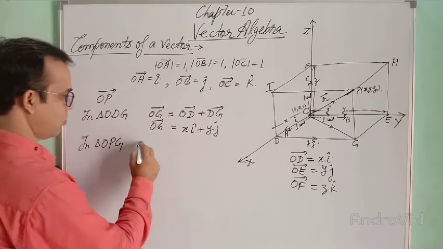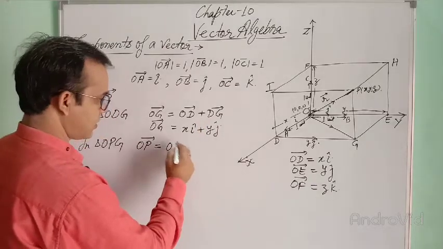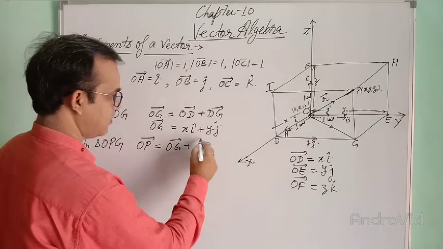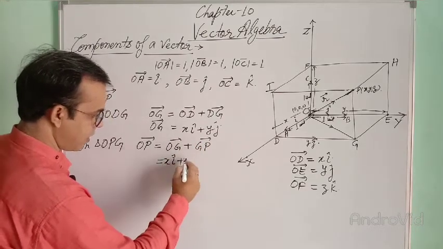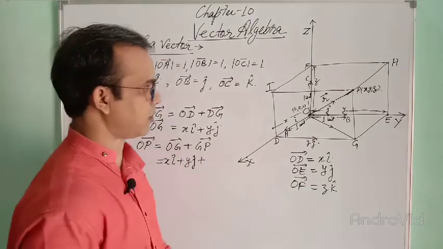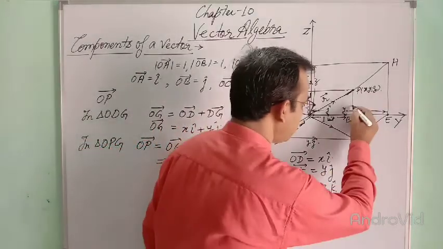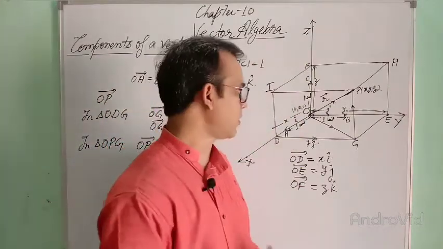So now we will consider triangle OPG. The vector OP equals the vector OG plus the vector GP, and the vector OG we got above as x i cap plus y j cap. Now what is the vector GP? You see in the figure, this vector GP is parallel to the vector OF and also equal in magnitude.